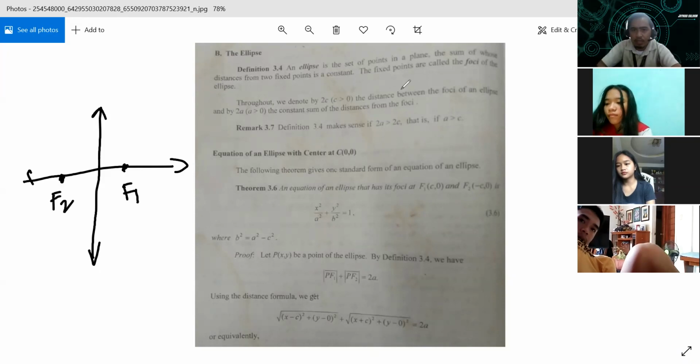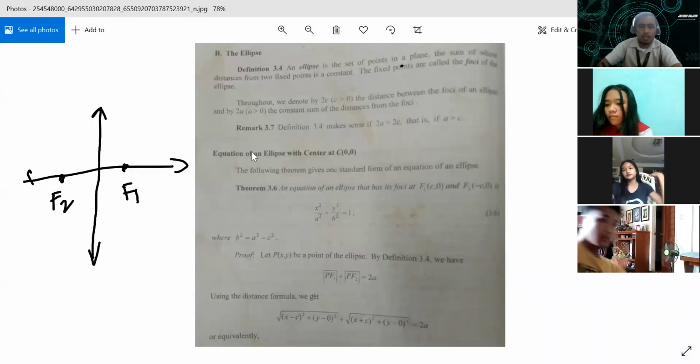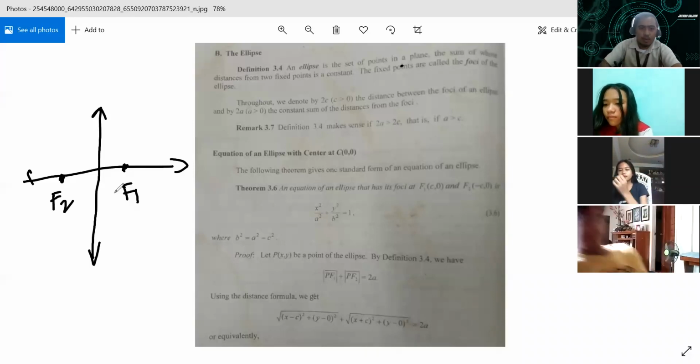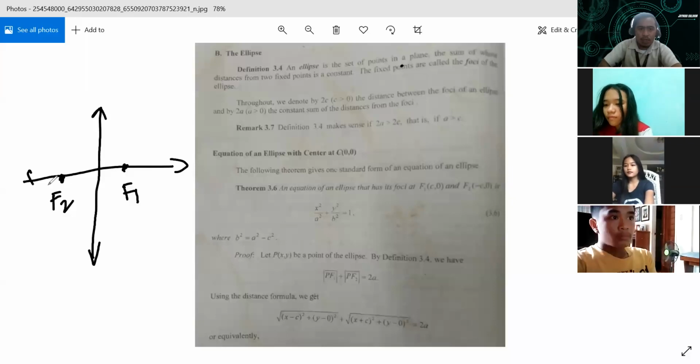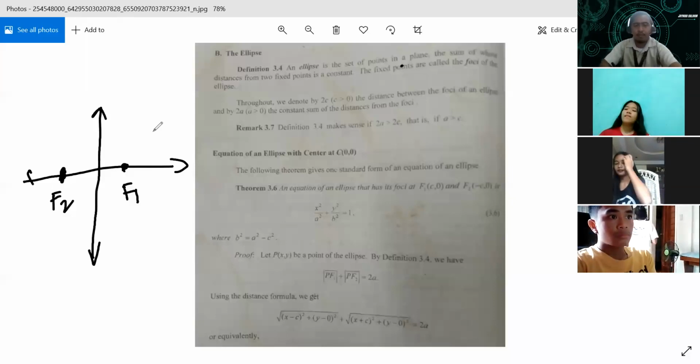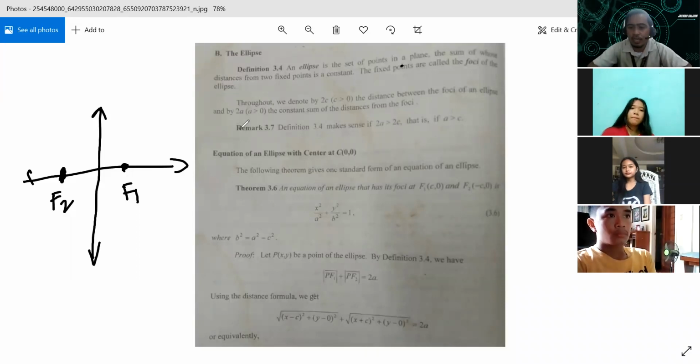Let me admit the students who want to join for a while. Now, say for example, these are the fixed points that we have. Can you see my screen, class?